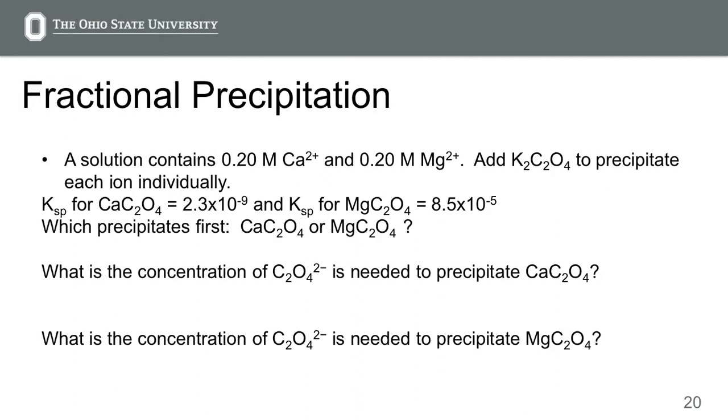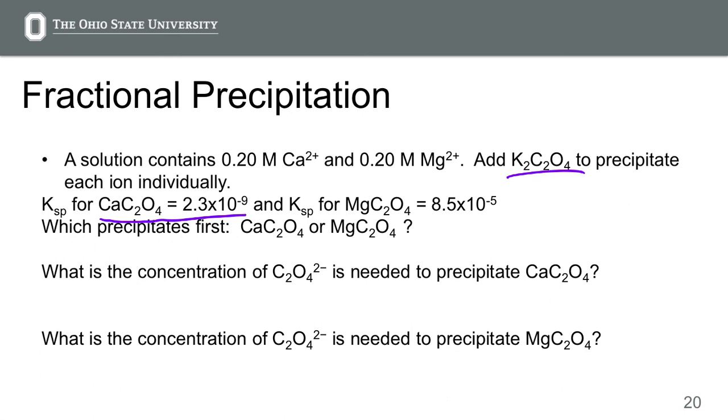So here's an example. We have a solution containing 0.2 moles per liter of calcium ion and 0.2 moles per liter of magnesium ion. We add potassium oxalate to precipitate each ion individually. For calcium oxalate, our KSP is 2.3 times 10 to the minus 9.